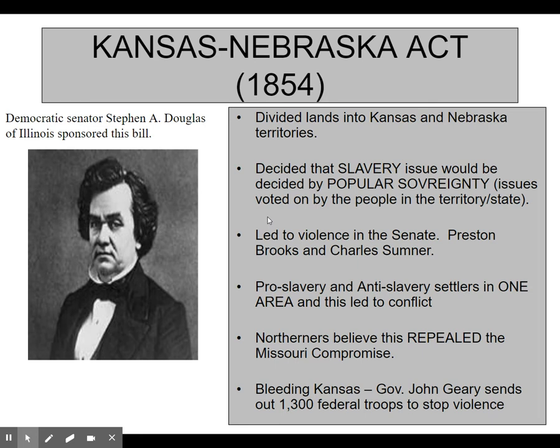That's what's known as Bleeding Kansas, this kind of mini civil war within the territory of Kansas. And so Governor John Geary sent 1,300 federal troops in order to stop the violence, but it was a crazy time.